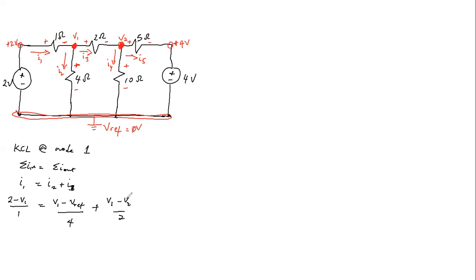Okay? Perfect. If you multiply through by 4, for instance, to eliminate the denominators and perform all the necessary operations, we get 8 equals 7V1 minus 2V2. So this is our first equation.